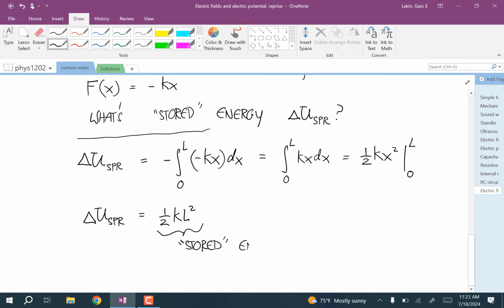So I'm going to start out by calculating the stored energy in a capacitor. The difference now is that we have some different terminology, and so you have to remember a couple other relationships. The first one is that the force as a function of x is equal to the electric field as a function of x times the charge that you're moving in that electric field.